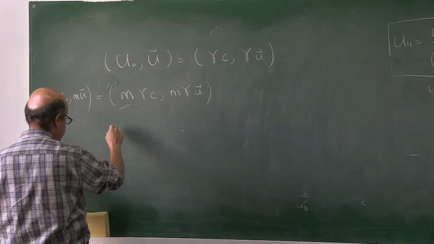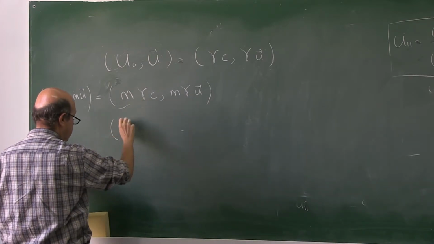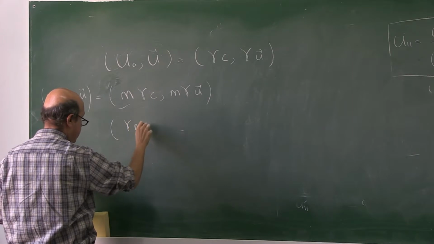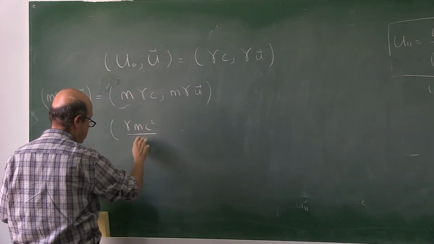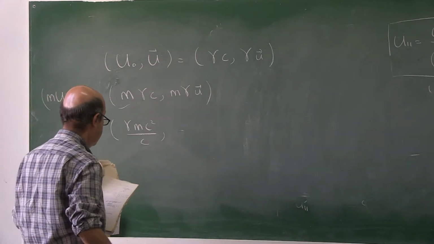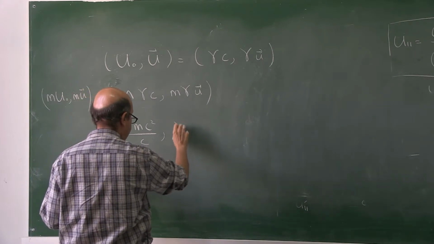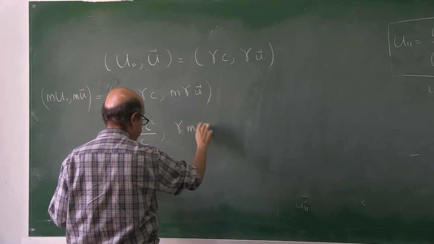Multiply by c and divide by c. What are you going to obtain? Take the gamma here, gamma m c square over c, and write this as gamma m u.